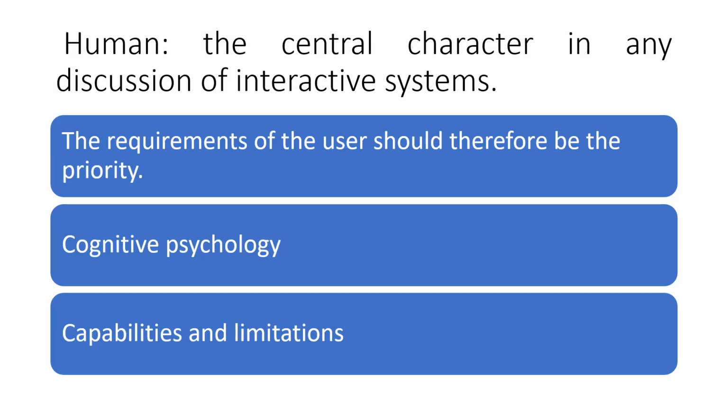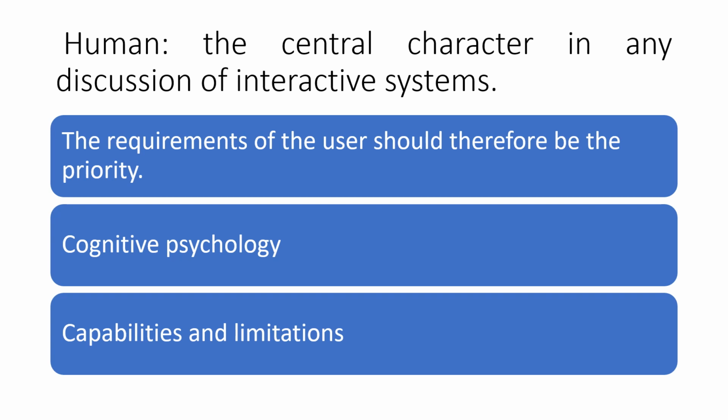as human is the central character in any discussion of the interactive systems, so the requirements of the user should be the first or the topmost priority in designing any interactive system. Now, all the areas of human psychology coming under the general banner of cognitive psychology can help in designing such systems.